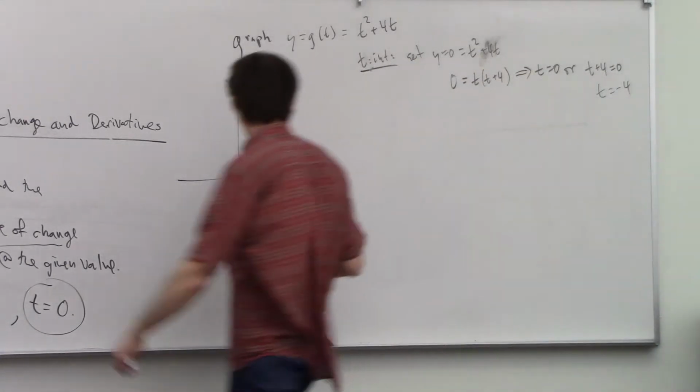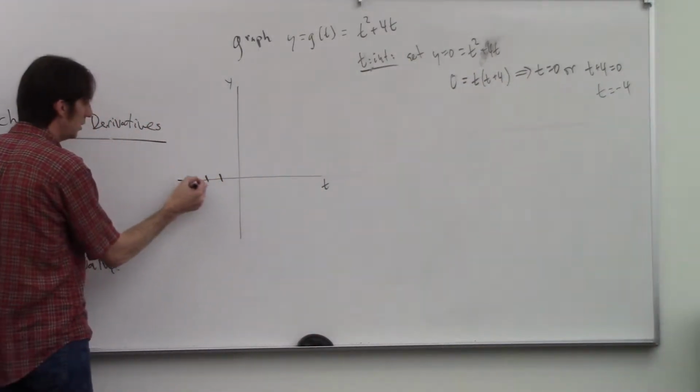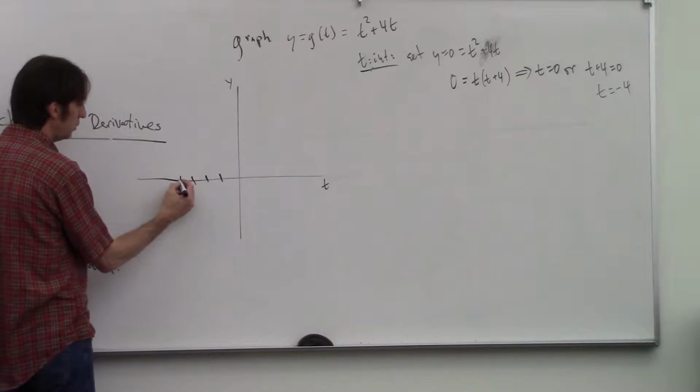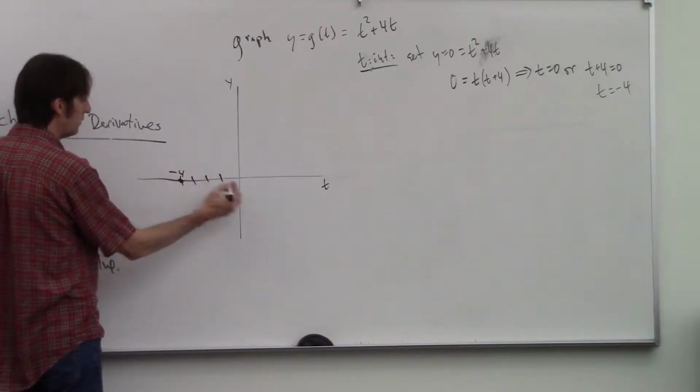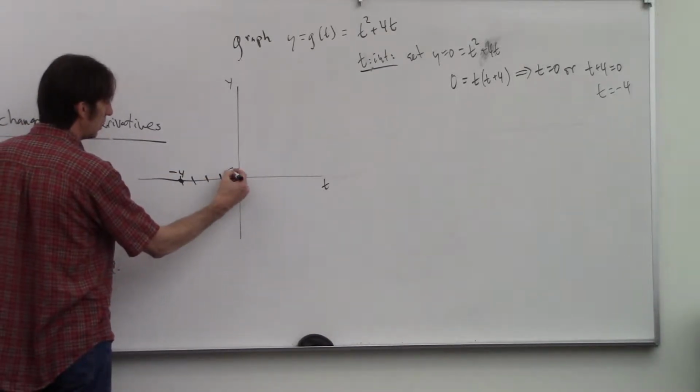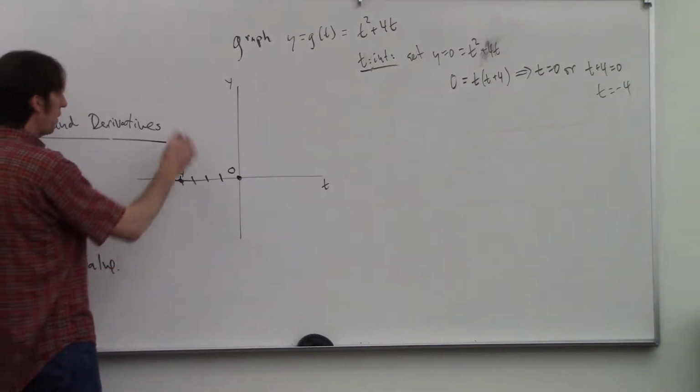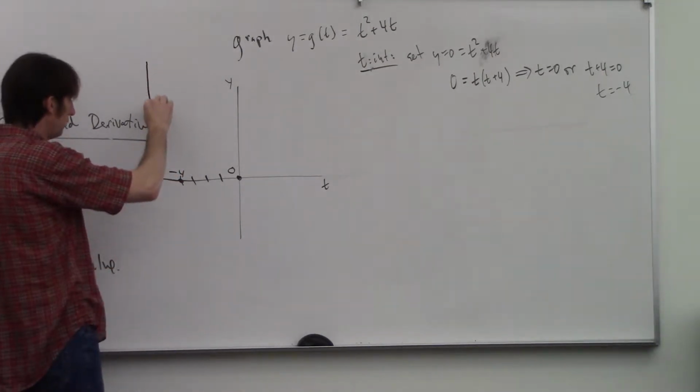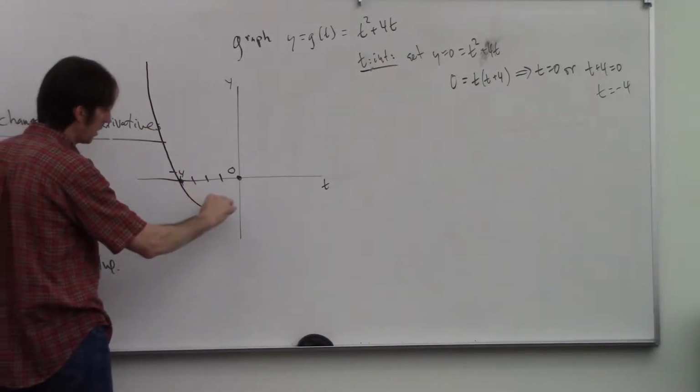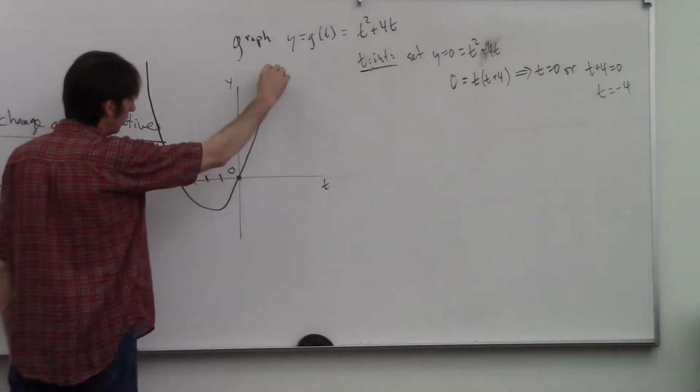All right, so this quadratic has these two t-intercepts, one at -4, the other at 0, and then it opens up, right? And so maybe roughly our quadratic looks like this.